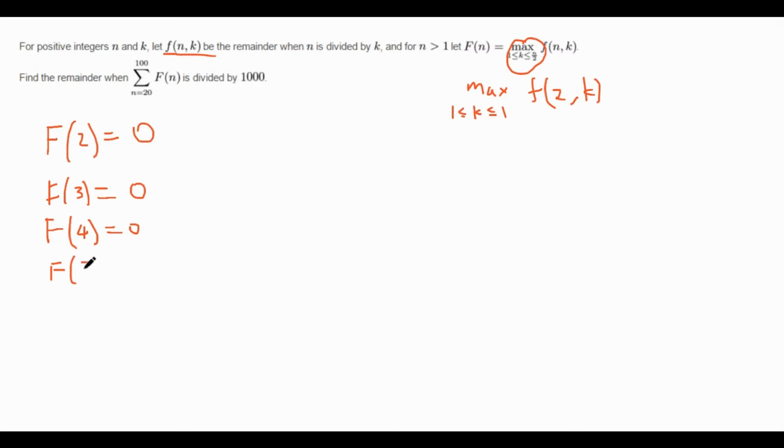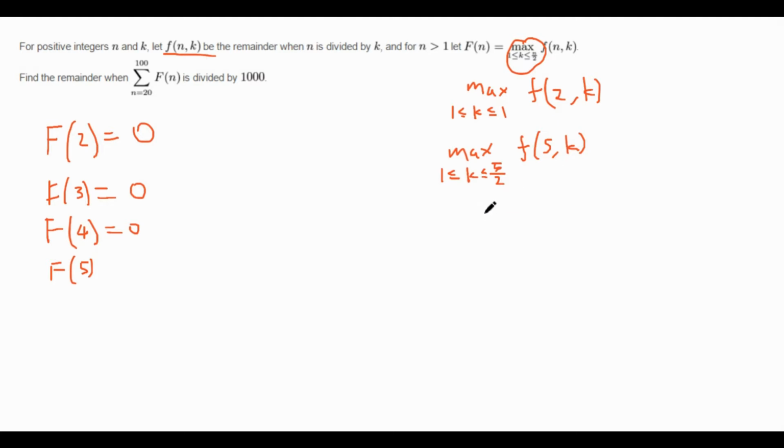But F(5) is the first interesting case. F(5) is the maximum as k ranges from 1 to 5/2, that's 2.5, so in essence k is equal to 1 or 2, of f(5, k).